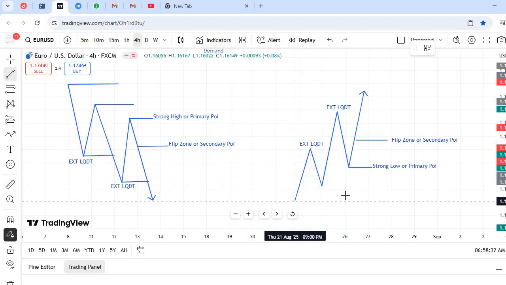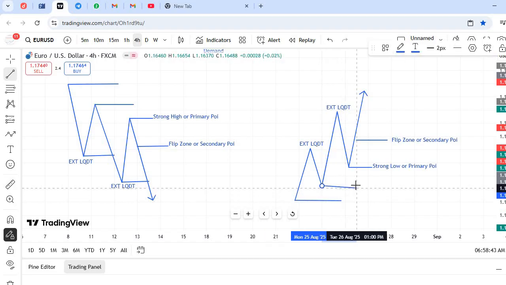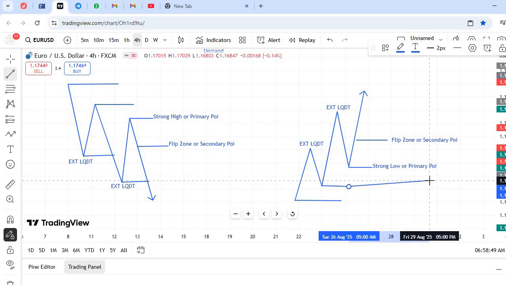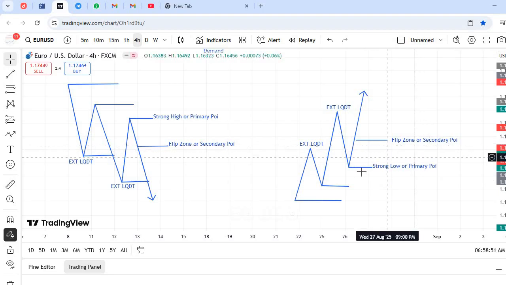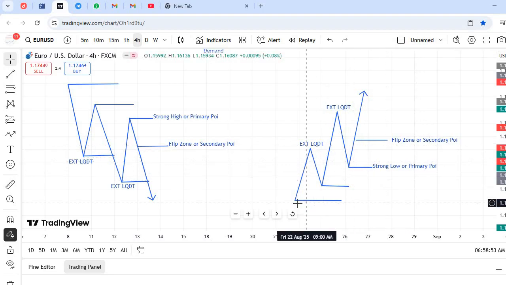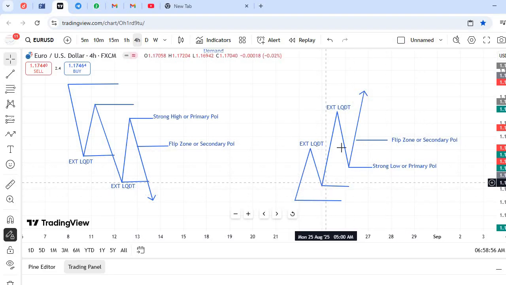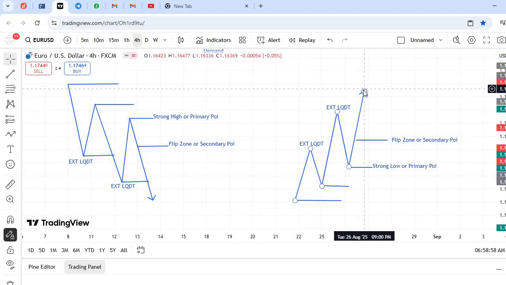The low sustains the high, don't forget. So now this is the first low, second low, third low. Now this is the last high.